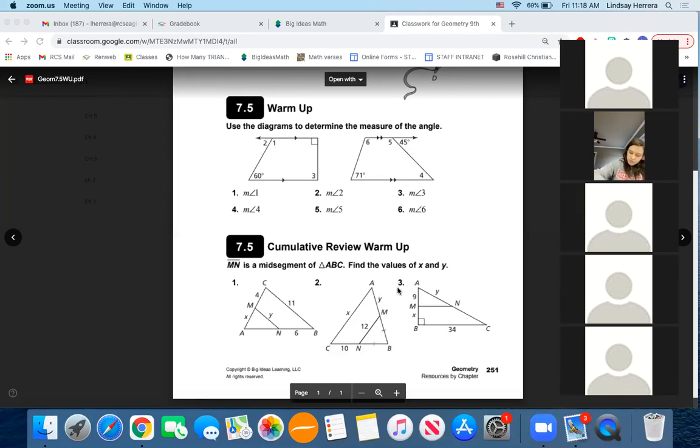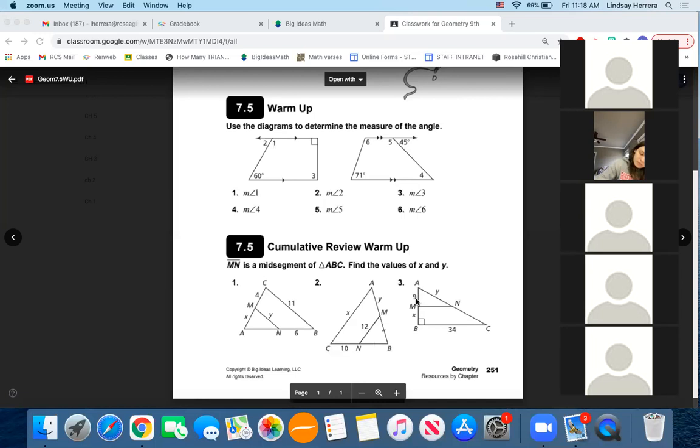All right, let's look at number 3. We have a right triangle here for number 3. So our mid-segment MN, and we know that M has to be the midpoint of AB. So our value of X is going to be 9, right?